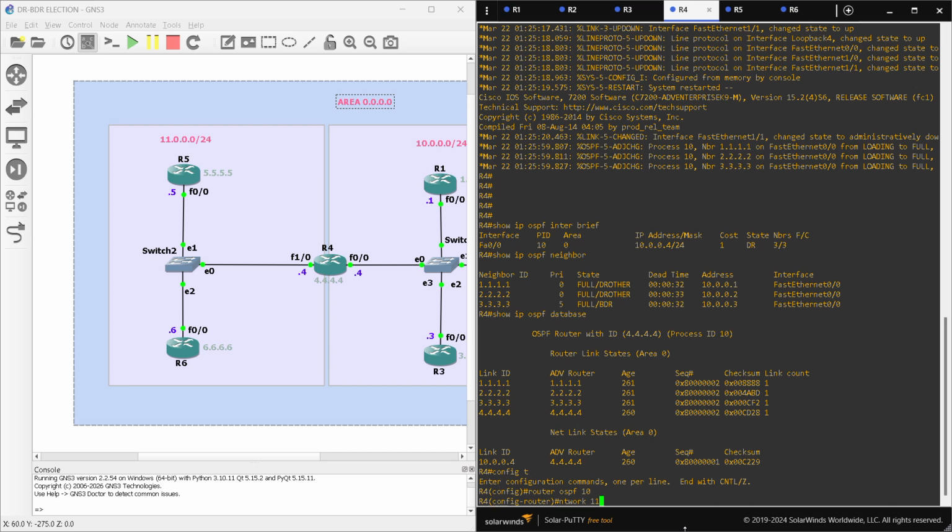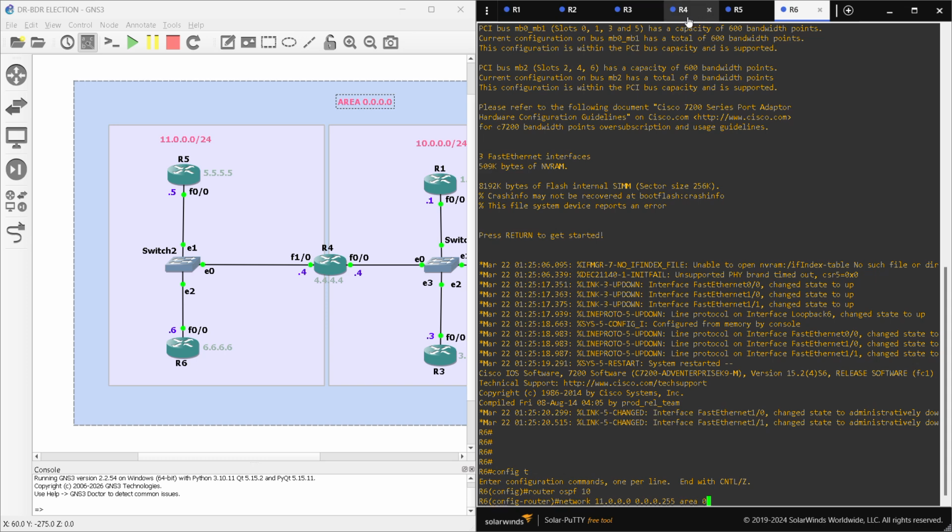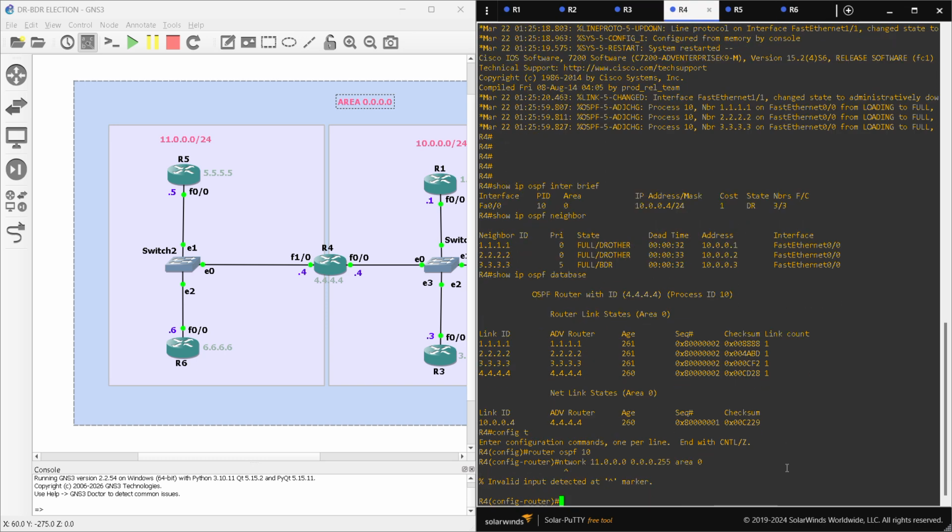Now we'll give the network 11.0.0.0 along with inverse mask 0.0.0.255 under area 0, right? I've already given the network. All I have to do is hit enter. So the participation will get started.